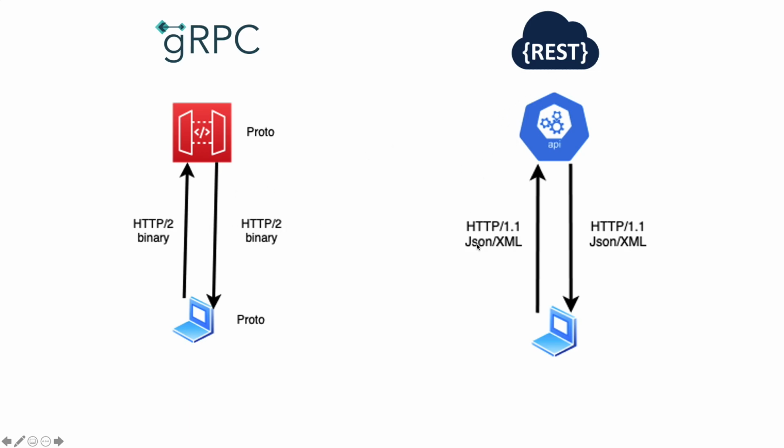When it comes to REST, the client and the service can be completely independent from each other, anonymous basically. All they need to do is send a JSON or XML file over HTTP, which is text-based, and the API will send it back in the same format, so it's easy to read without any prior knowledge of how the API or the service works.